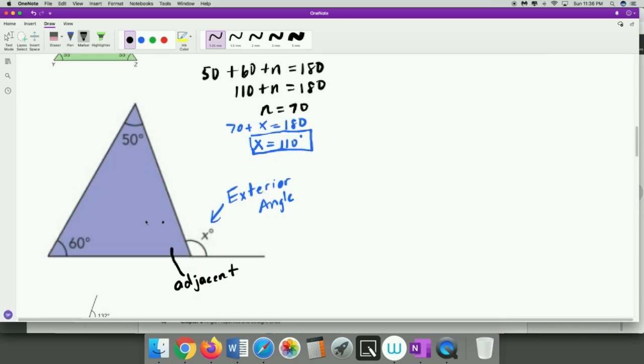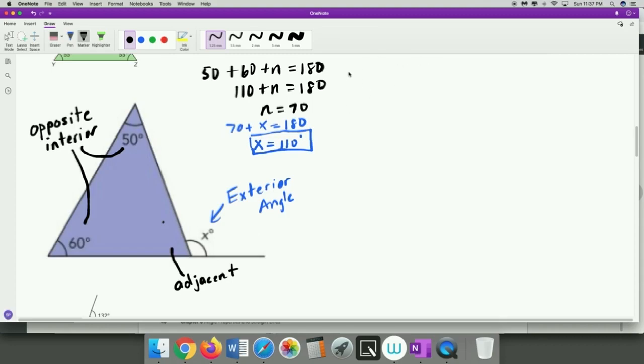All right. Now these two angles over here, this 50 and 60 degree angle, they're what's called opposite interior angles. So this is an opposite interior, and so is this. So notice that these two opposite interior angles are equal to the sum of this exterior angle.